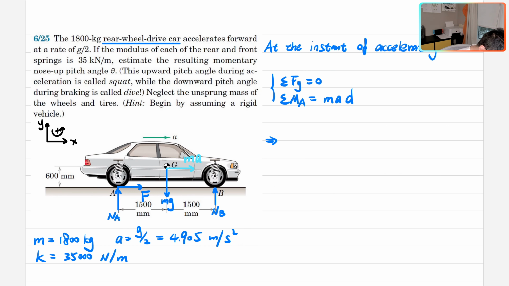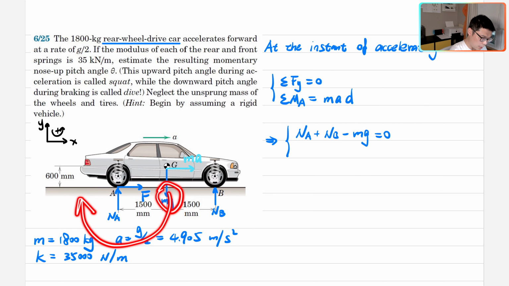Now, let's replace everything. Sum of Fy, we have NA, NB, and mg. NA plus NB minus mg equal to 0. And then sum of MA, all forces making a moment about A, we have the gravity making a clockwise moment.